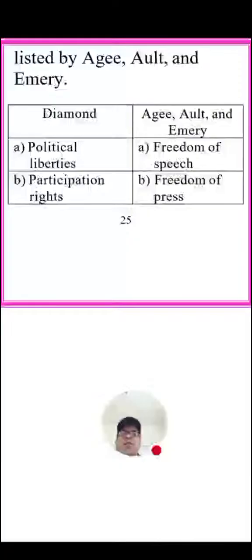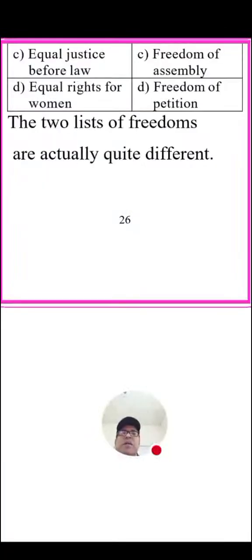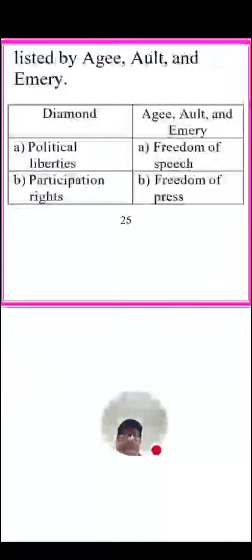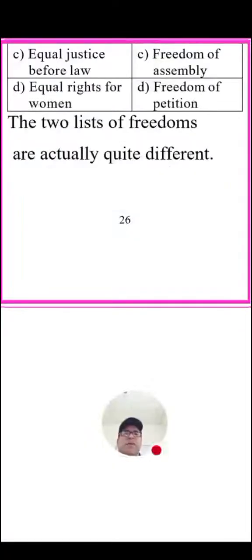So Diamond talks about political liberties, participation rights, equal justice before law, equal rights for women. In the second column, Alt and Emery talk about freedom of speech, freedom of press, freedom of assembly, and freedom of petition.